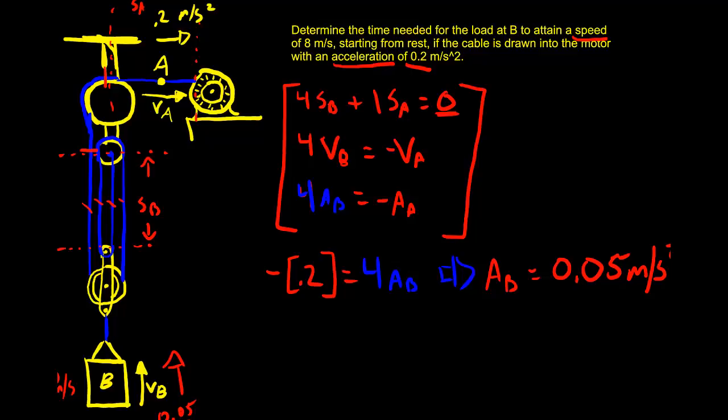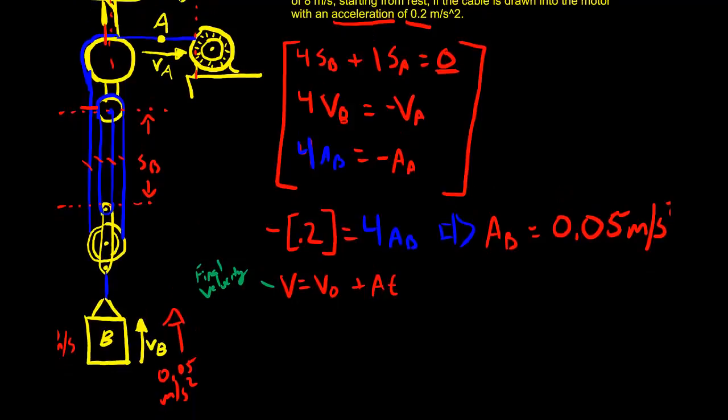There's an equation you can use: V equals V naught, the starting velocity, plus the acceleration times the time. This V right here is our final velocity. V naught is initial, we have acceleration, and we have time. So let's plug in for these.